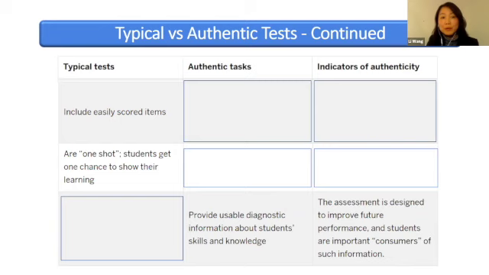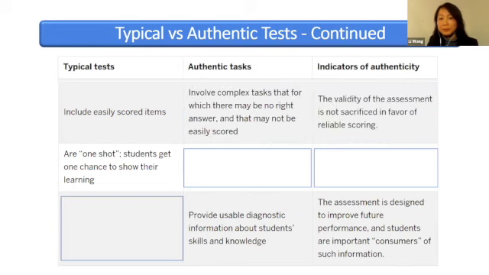So the next one, I'm going to reveal both. This is how typical tests and authentic tests and the indicators of authenticity compare, when the typical tests include easily scored items, right?